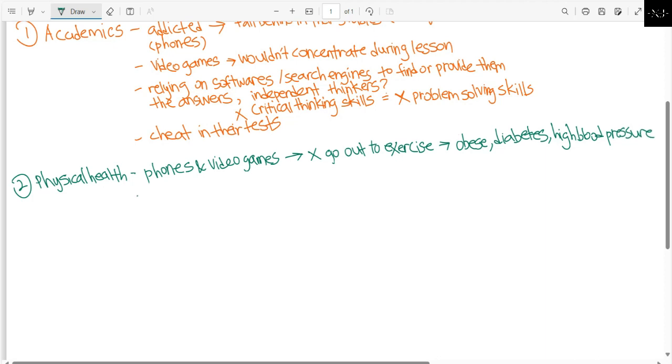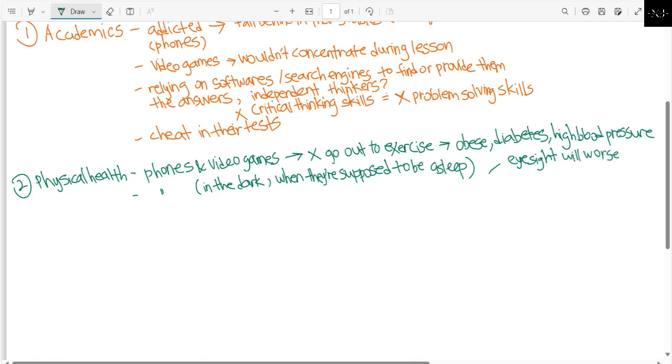But what if the students look at their phones in the dark when they are supposed to be sleeping? Instead of sleeping, they're actually scrolling on their phones, looking at TikTok videos and all those things. What will happen? There are two consequences here. Number one, their eyesight will worsen, and they may need specs and all those things.